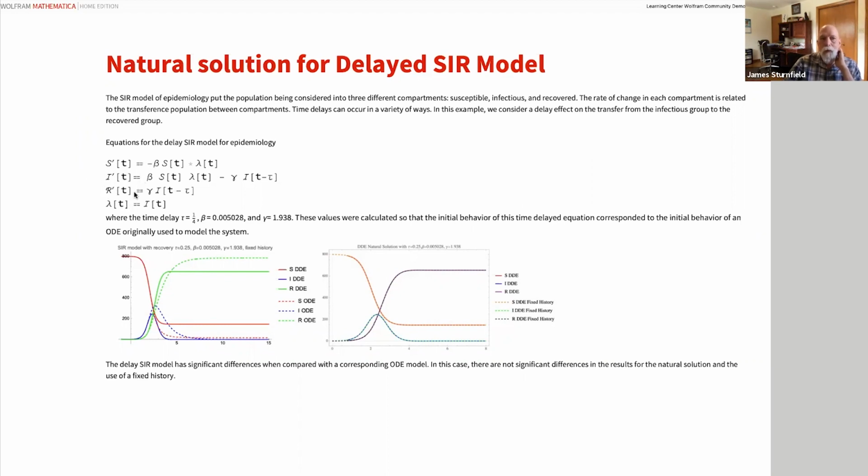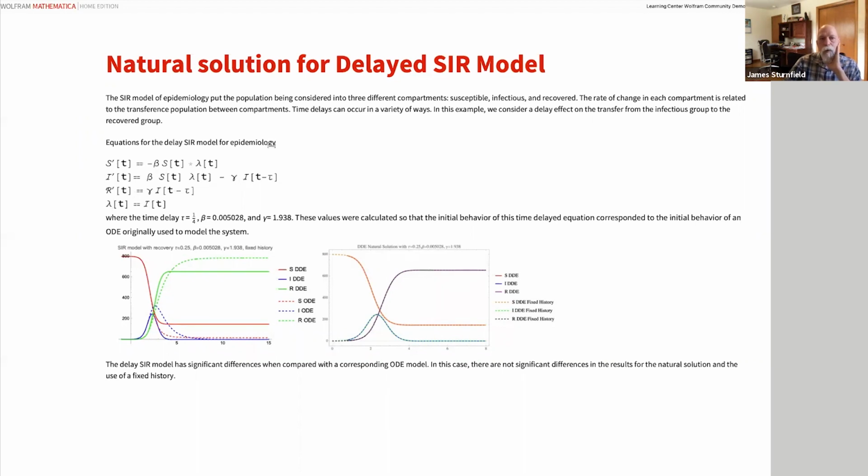R is those who have recovered, and there are various equations that can be used for the force of the infection rate. And beta is the rate of infection.